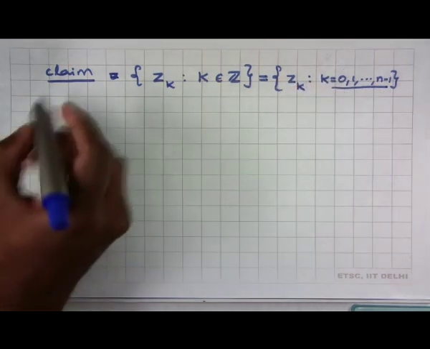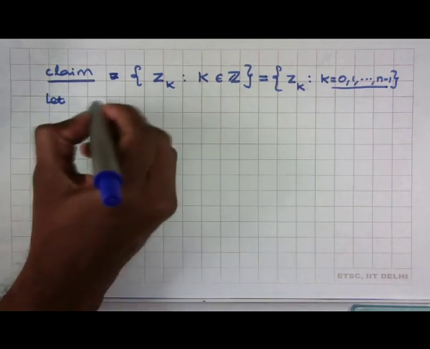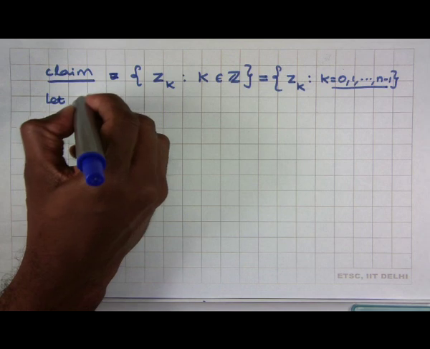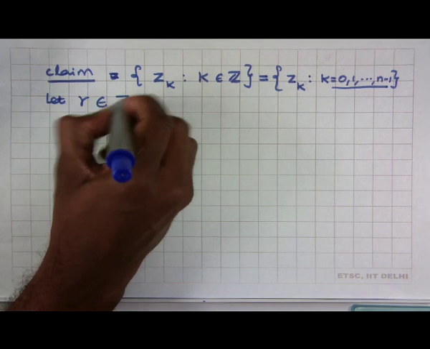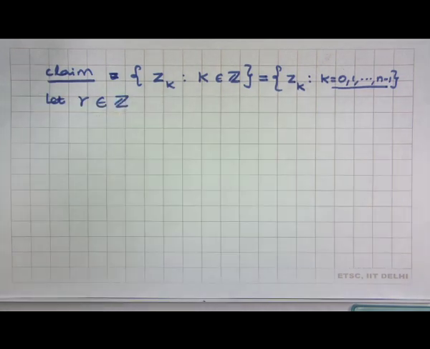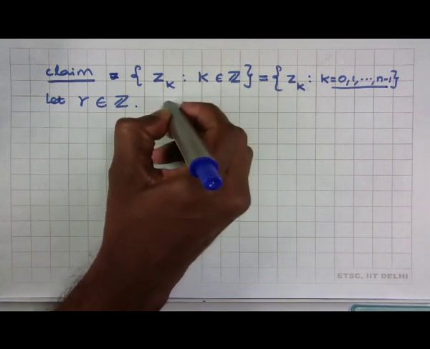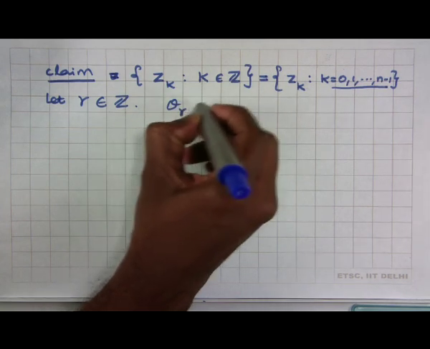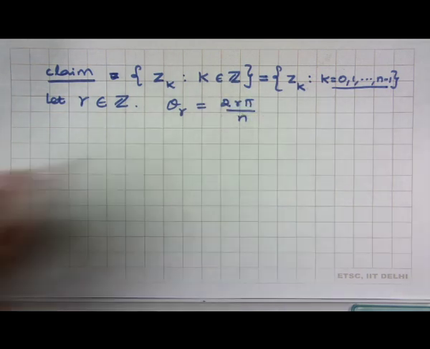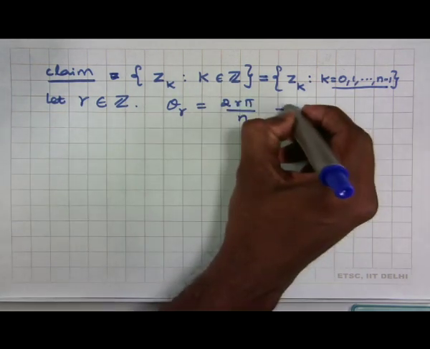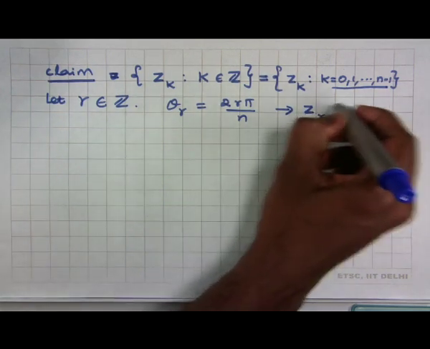So let us consider an integer, let us say r, in the integers, and we consider zr, which means the corresponding theta r is given by 2r pi by n, and correspondingly we have zr.